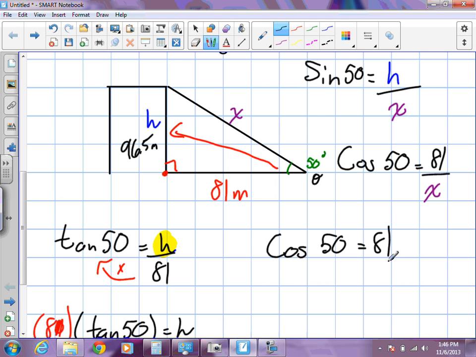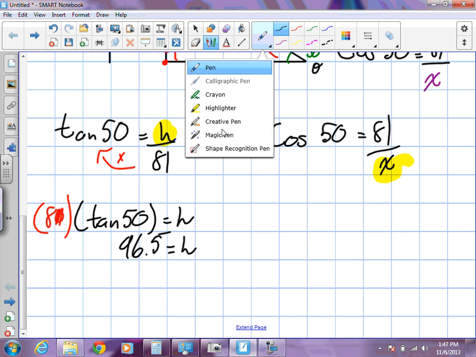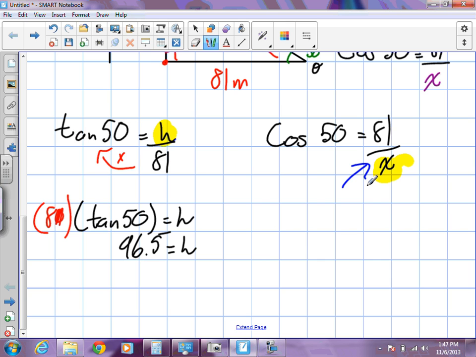Now we need to isolate for x in this case. How do we isolate for x when x is on the bottom of a fraction? Let's do the same thing. What did we move last time? We moved the bottom of the fraction, so I'll move the bottom of the fraction, which is x. If we move x to the other side, what operation will we use? Multiplication. So we have x times cos 50 equals 81.